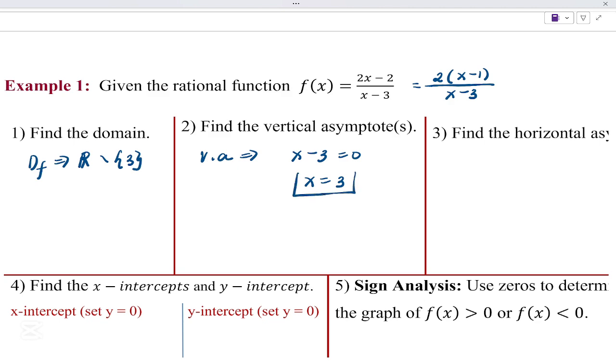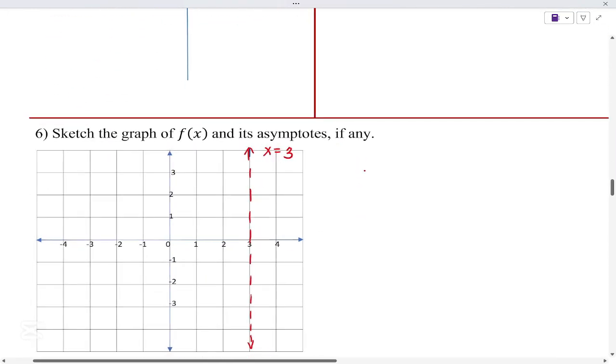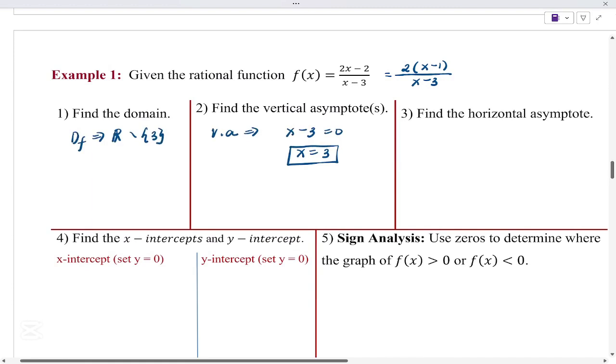This is a line passing at x equal to 3. So we graph this as x equal to 3, a vertical line passing at 3, and we label it as x equal to 3.